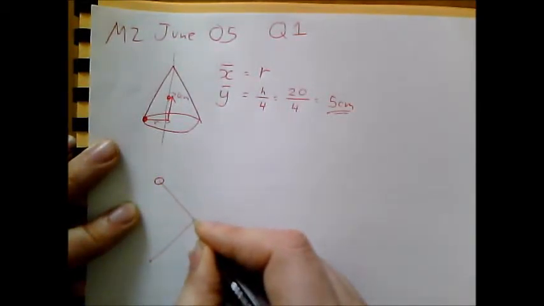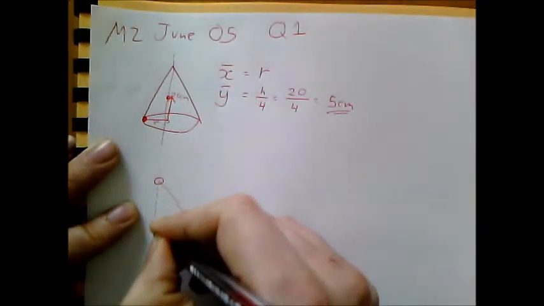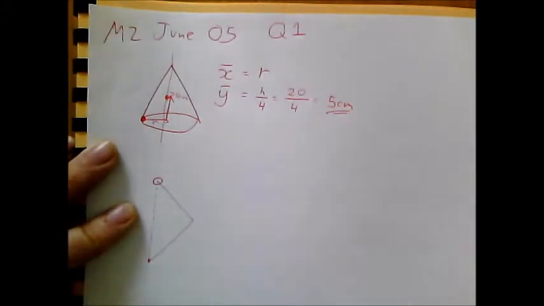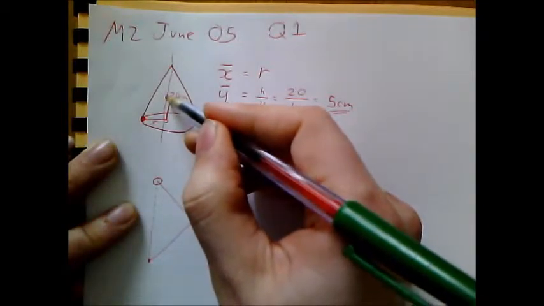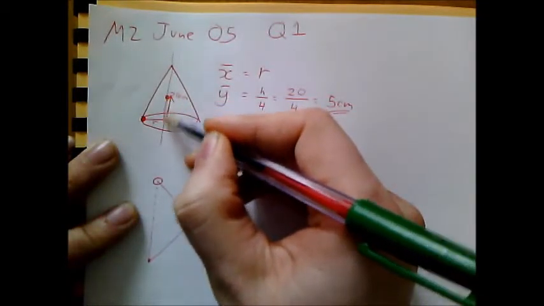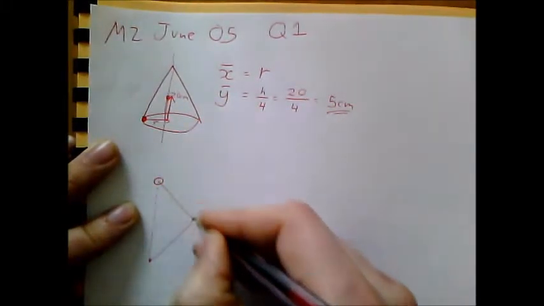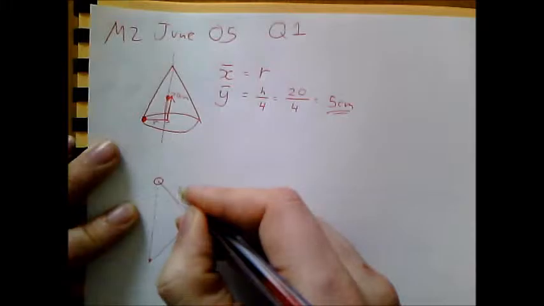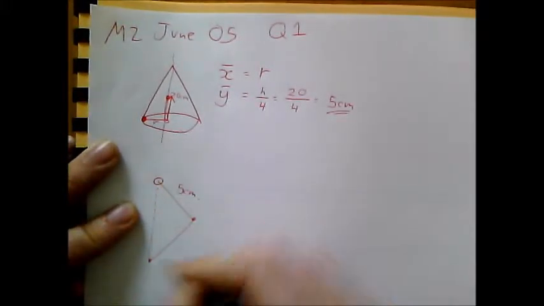It's going to be horizontally over the edge of my cone. I know the centre of mass vertically downwards is going to be the very centre of the circle here. So this distance is 5 centimetres from the very bottom of my cone, and from the edge of the cone to the centre is also the radius.